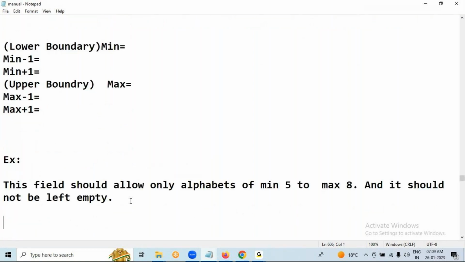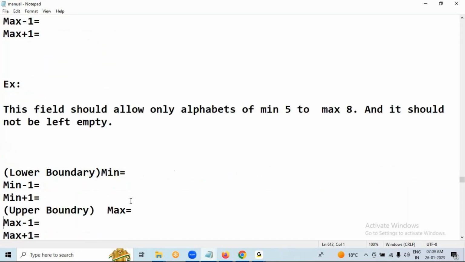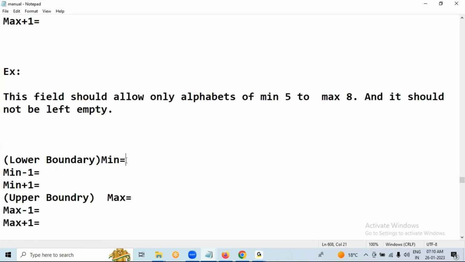What is the requirement of agent name? You can see here, the field should allow only alphabets of minimum 5 to maximum 8, and should not be left empty. As per this requirement, what is the minimum value? 5. So you have to prepare here. Minimum value should be 5.